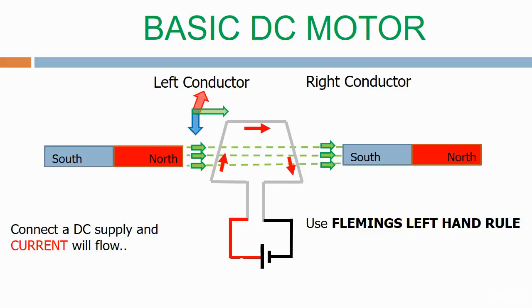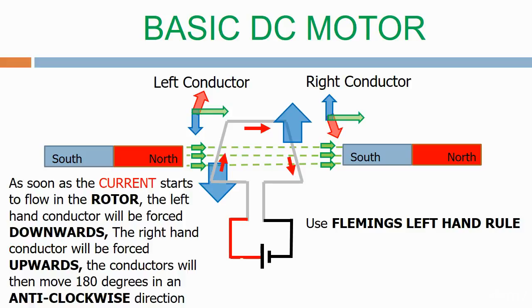Using Fleming's left-hand rule on the left conductor, the current is going upwards, the magnetic field is going left to right, therefore the left-hand conductor moves downwards. For the right conductor, the magnetic field is still going left to right, but now the current is moving downwards. Therefore, the right-hand conductor moves upwards.